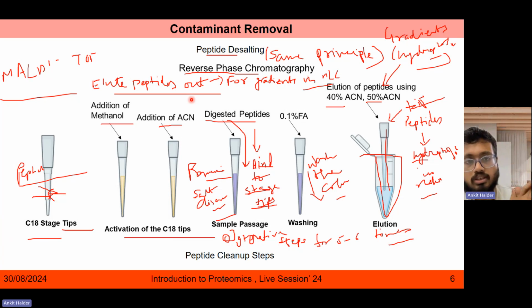When we flow the sample with the peptide through, the peptides get attached to the tip and the rest of the sample is discarded. Then we increase the gradient, the hydrophobicity, and in this way we elute the peptides, and whatever salt and other things are there get cleaned up from our sample for further analysis.